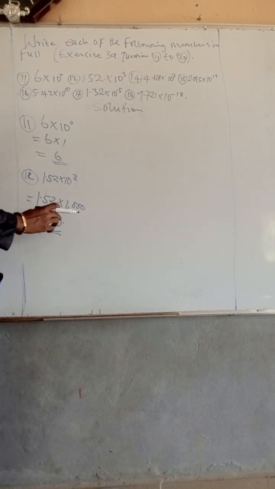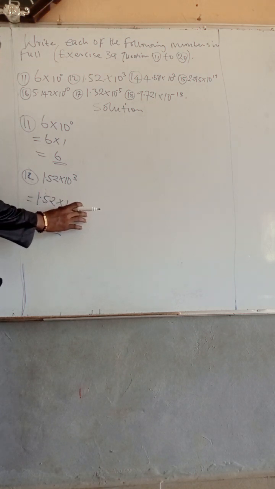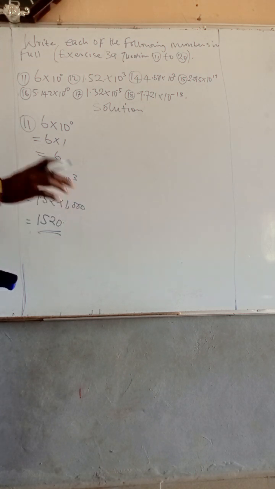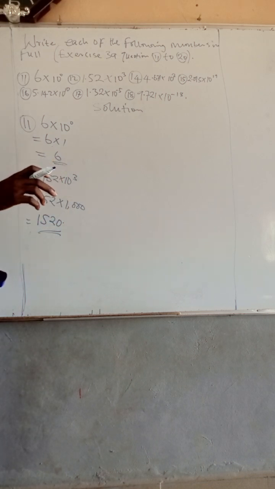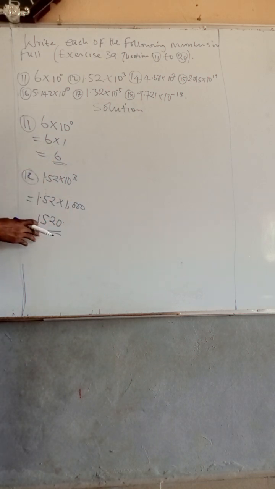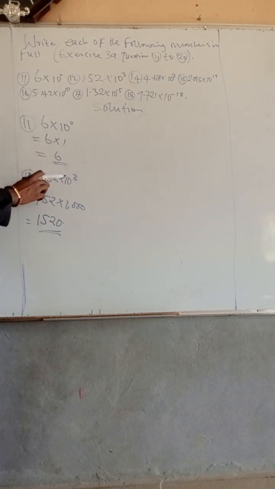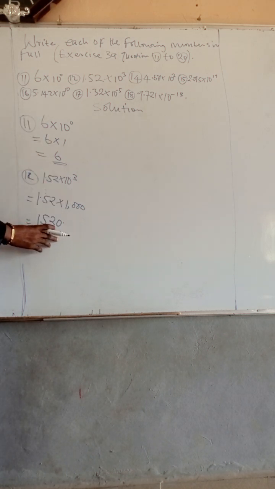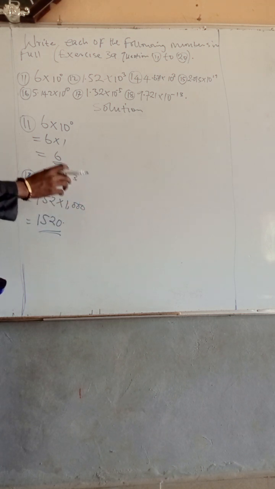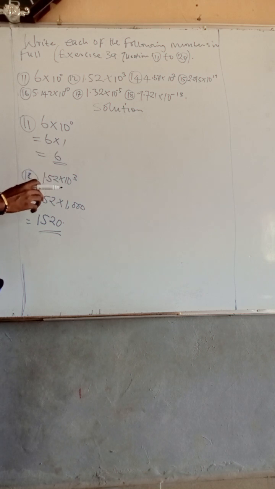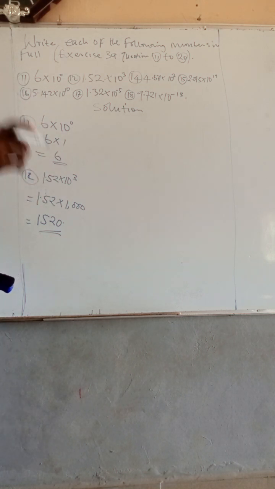Let me put this explanation again. We can multiply this one and this one, then we'll have this. But without using a calculator, to get to the final answer, which is the full expression of this number in standard form, we need to count the zeros and move the decimal point by the number of zeros.